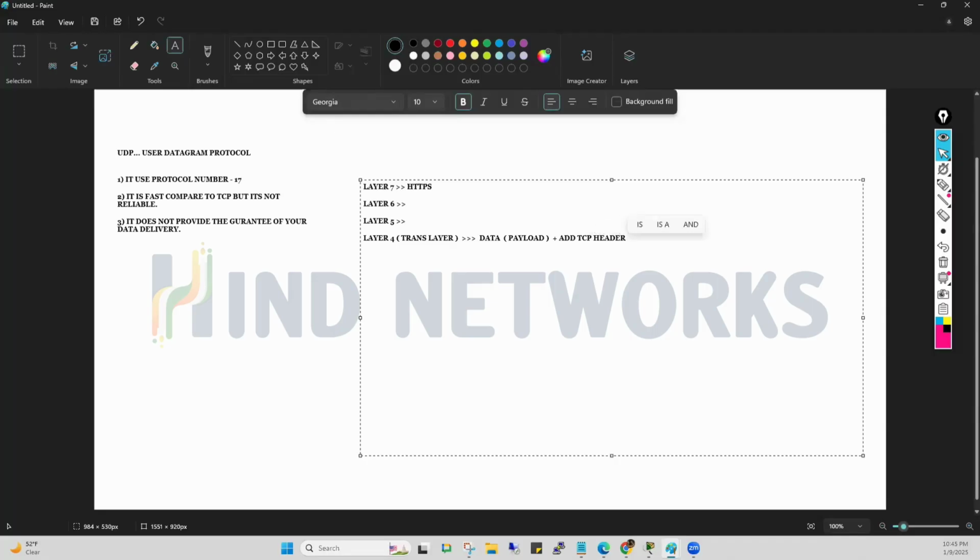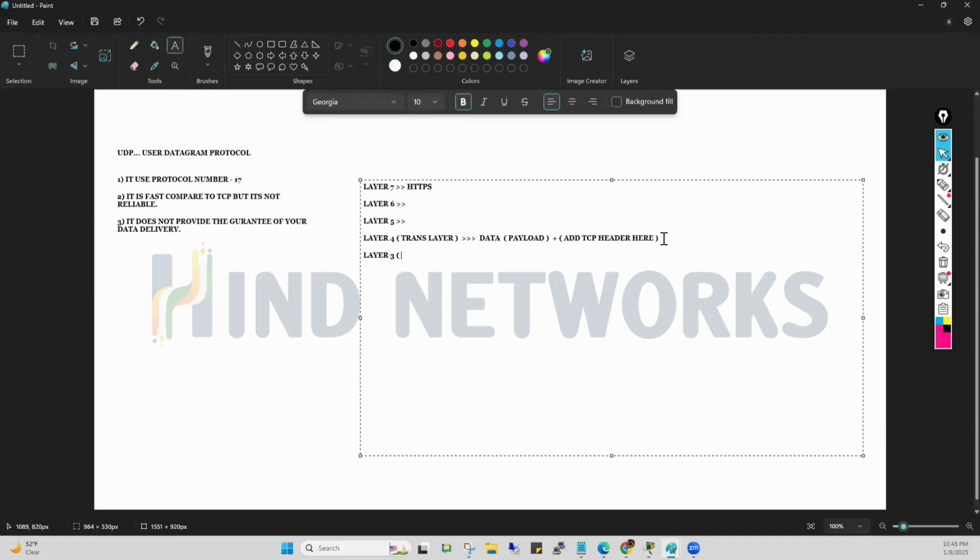Yes or no? Now, we need to understand what the contents inside the TCP header are. After adding the TCP header, it will hand over to layer number 3.